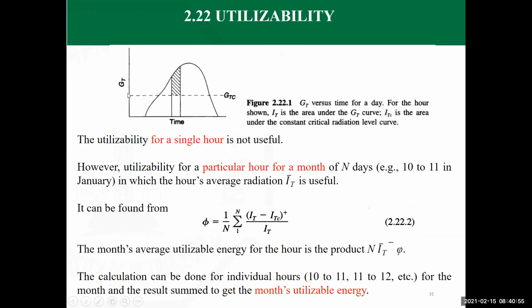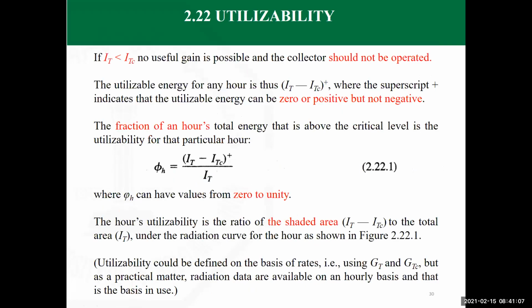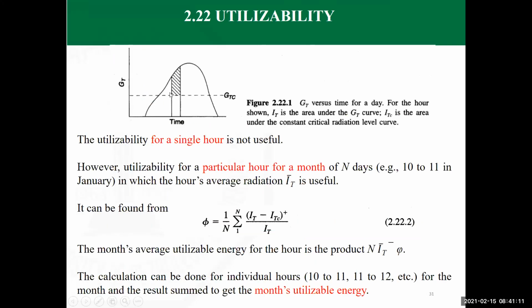If this value is the critical value, then whatever is above the critical value is the useful energy that we are getting, or the gain. The ratio phi that we are taking here for a certain hour would be the shaded area divided by the total amount of radiation falling over this hour.